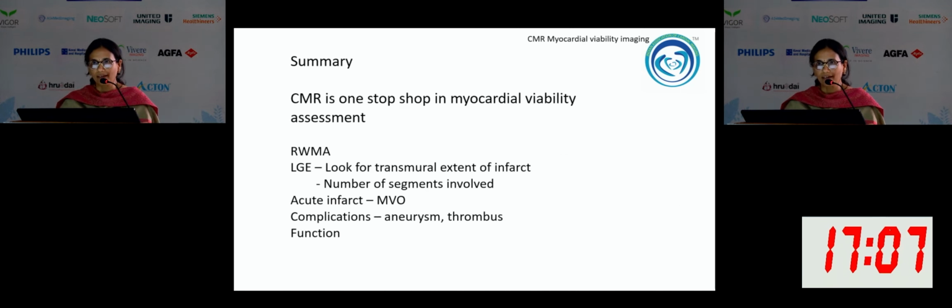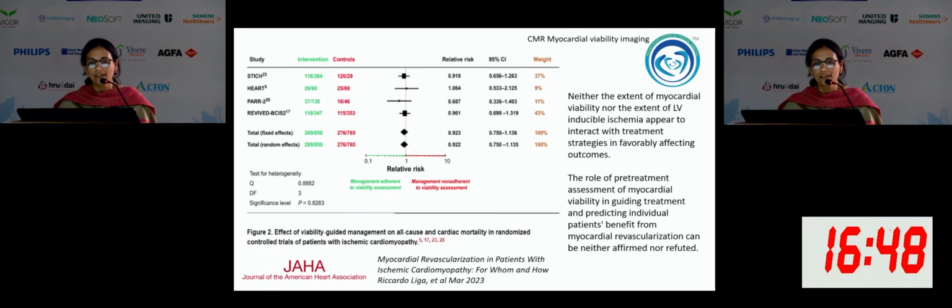So in summary, I think CMR is a one-stop shop where we can get everything, starting from function. Obviously function MR is the gold standard, and to assess all the complications, to look at acute infarct, to look at area at risk, MR is the best modality. Before I stop, like what everybody has been talking about for the last 2-3 days, whether we need to do the viability assessment or not.